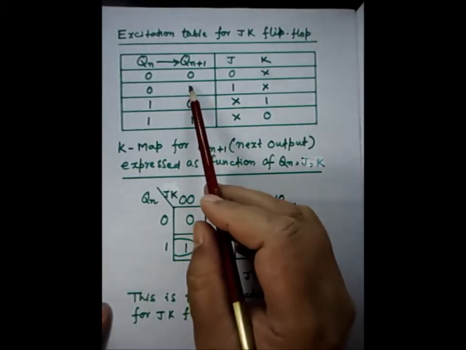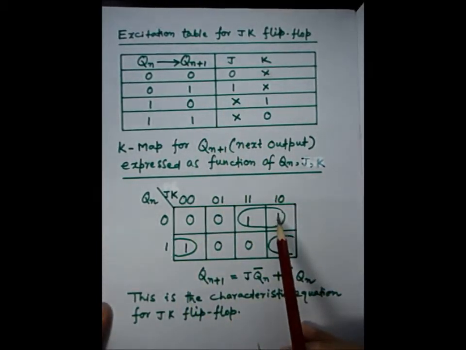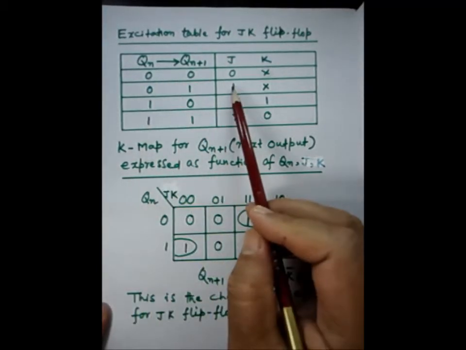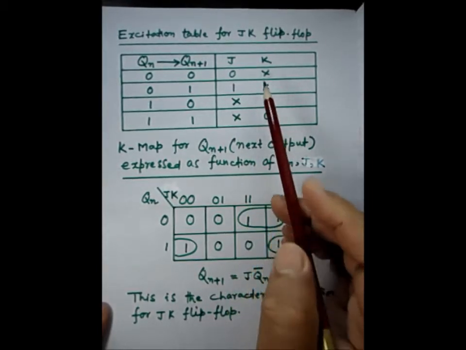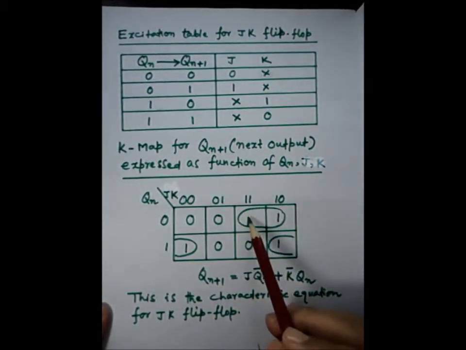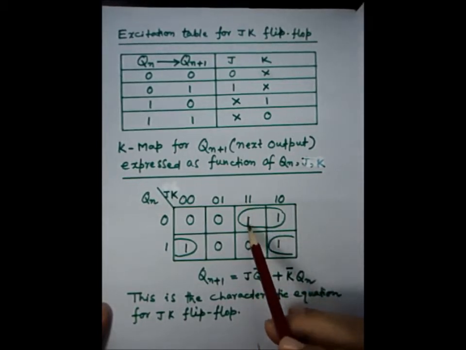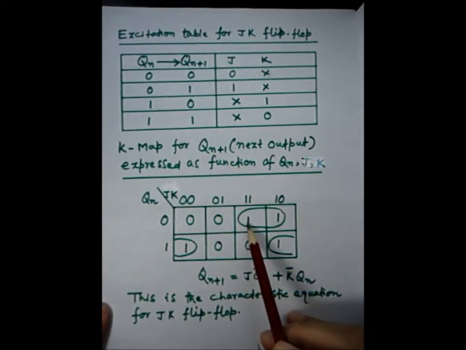Therefore, Qn plus 1, the next state, is equal to 1, and we put 1 here. Now, Qn equal to 0, j equal to 1, and k equal to 1: here Qn plus 1 is 1, so we put it here.